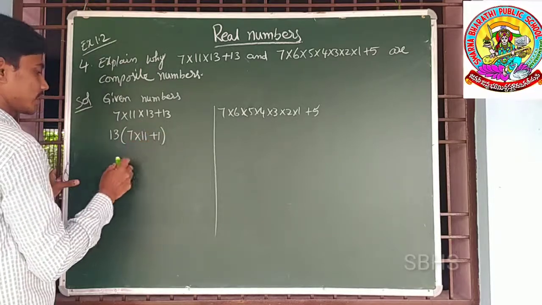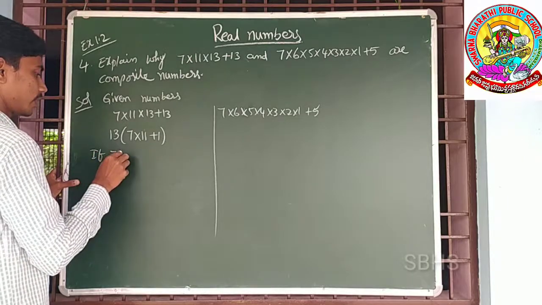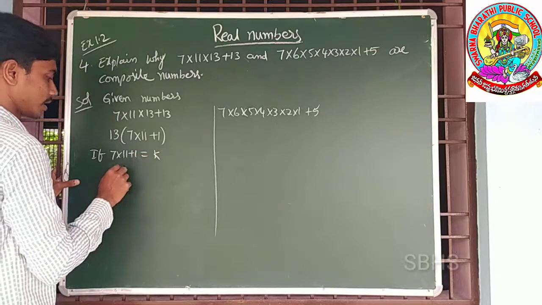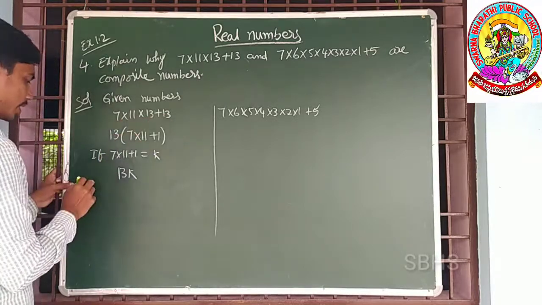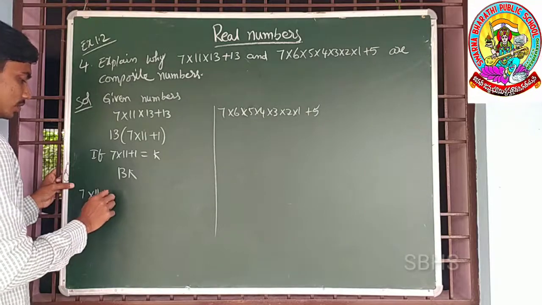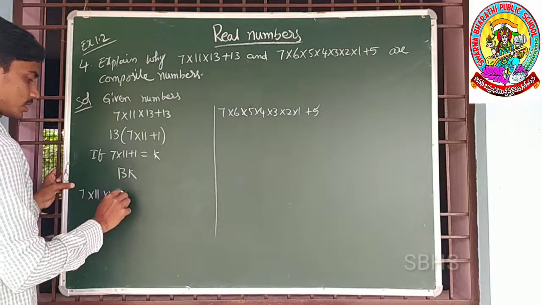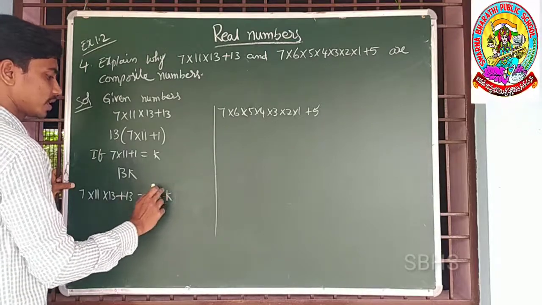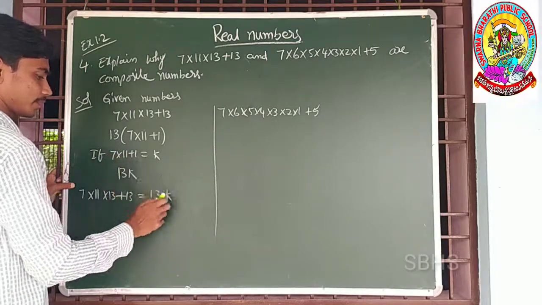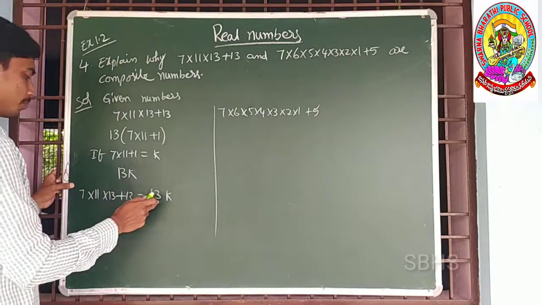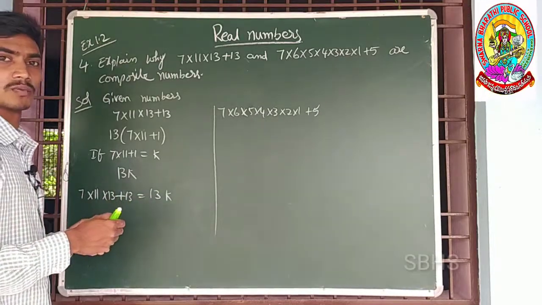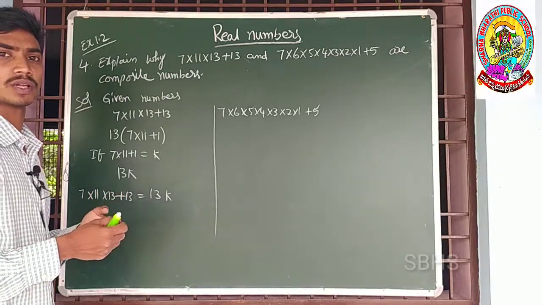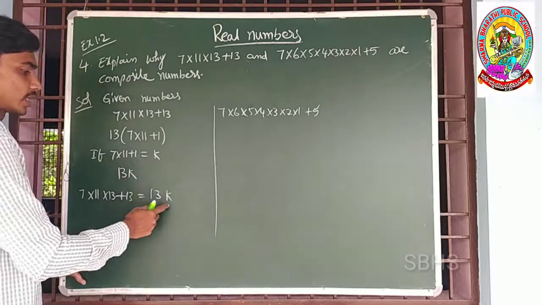If 7 into 11 plus 1 is equal to k, it is 13k, which means the entire number 7 into 11 into 13 plus 13 is possible to express as a product of the numbers 13 and the value k. So it is a composite number because it has more than 2 factors. The first one is the number itself, the second one is 1, and the other factors are 13 and k.